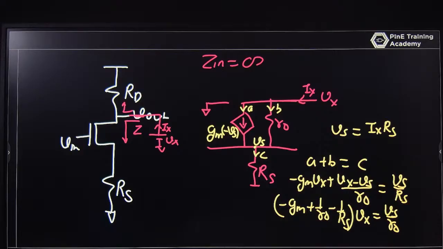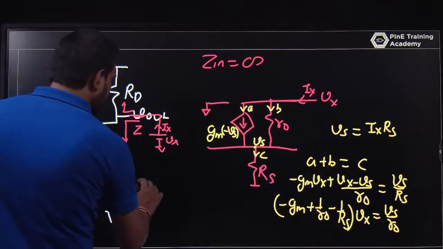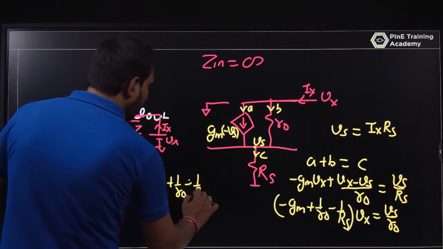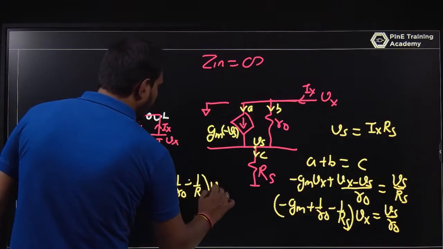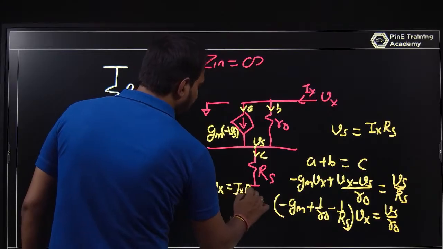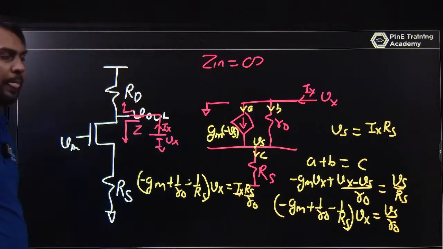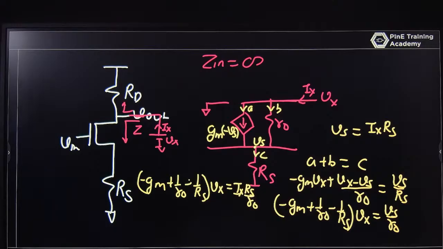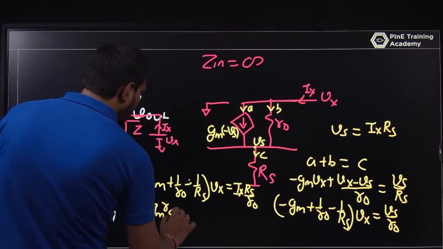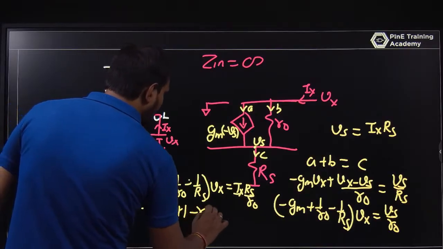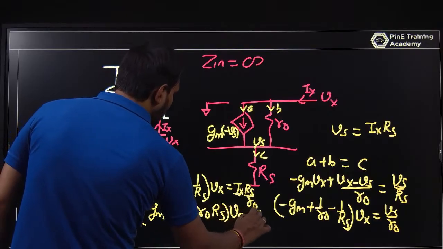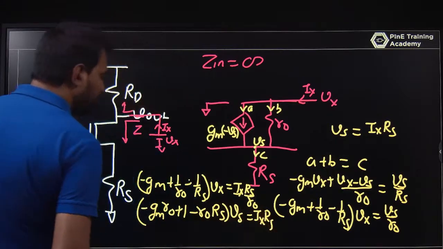So minus gm plus 1 upon R naught minus 1 upon Rs, into Vx, is equal to Ix into Rs upon R naught. Multiplying, this is minus gm R naught plus 1 minus R naught into Rs, into Vx, is equal to Ix into Rs.